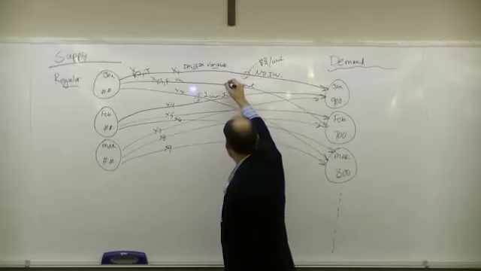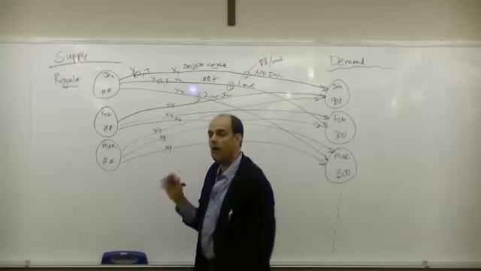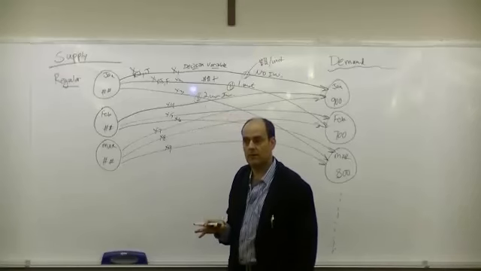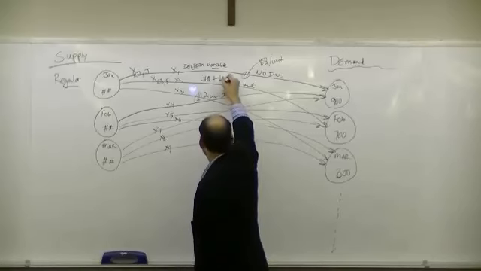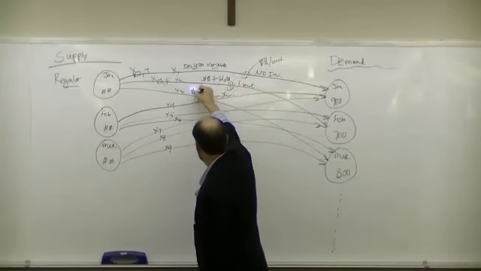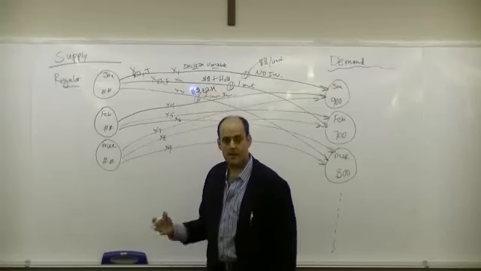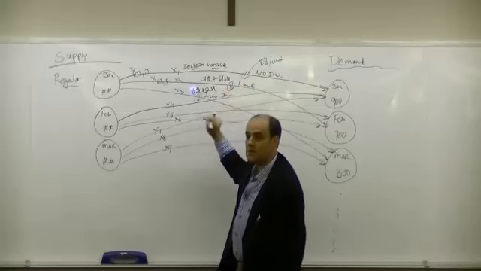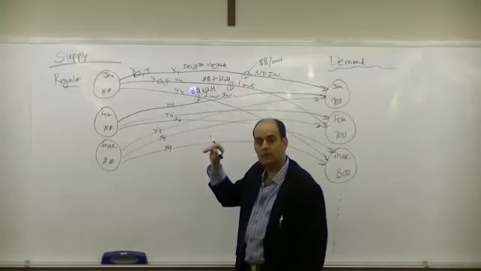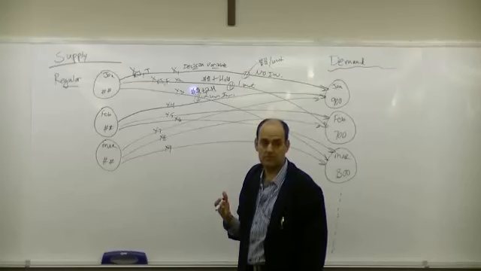But this arc down here is going to be the cost of production plus the cost of 1 month of storage, 1 month of holding cost from our inventory concepts. And then this one down here is going to be the production cost plus 2 times our holding cost, et cetera. So we can assign fixed prices to each one of these arcs per unit, and that is essentially our cost multiplier for our objective function in the linear program.